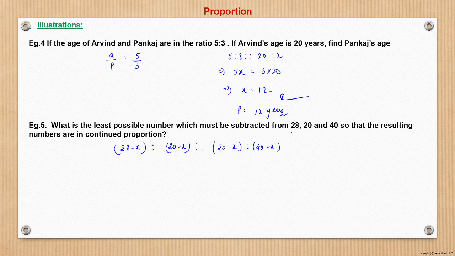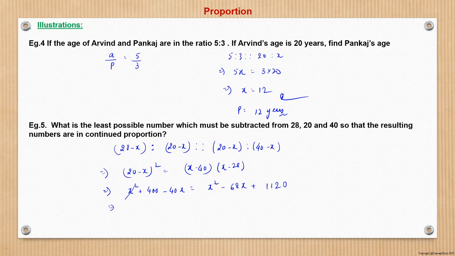So x is subtracted from all the numbers. So here 20 minus x square is equal to x minus 40 into x minus 28. Right. So this can be written as x square plus 400 minus 40x is equal to x square minus 68x plus 1120.